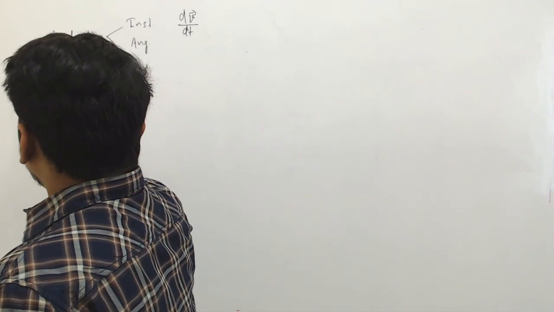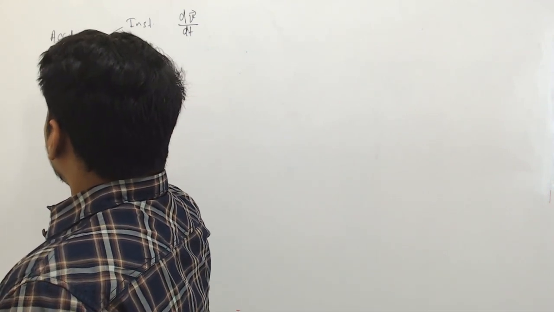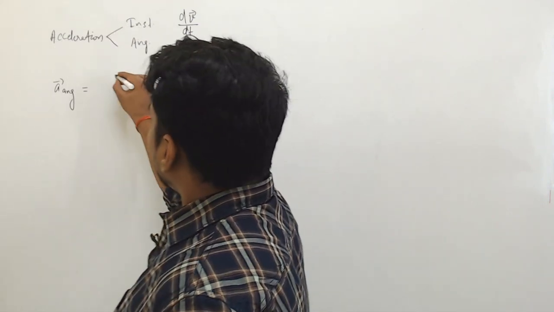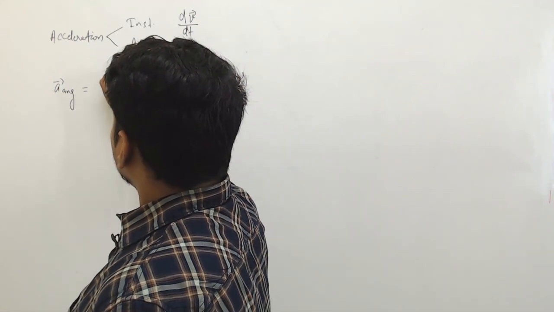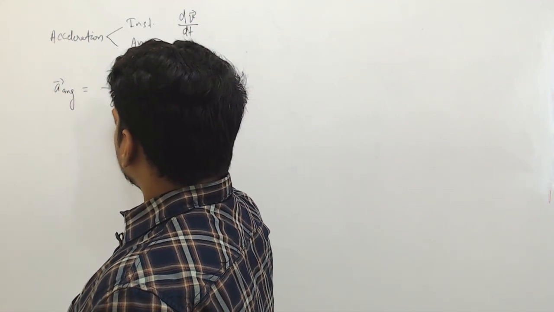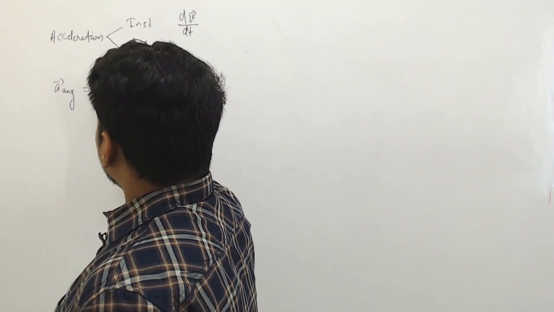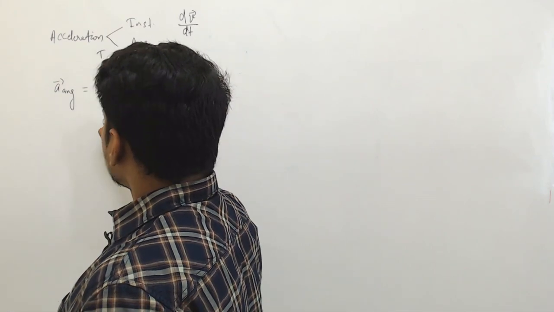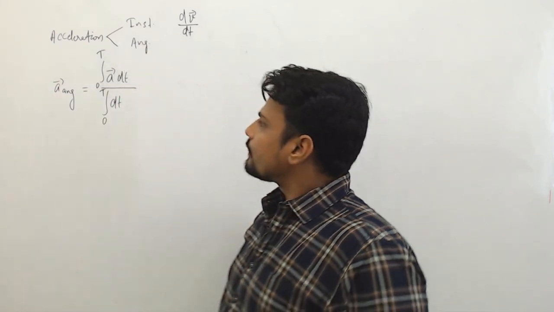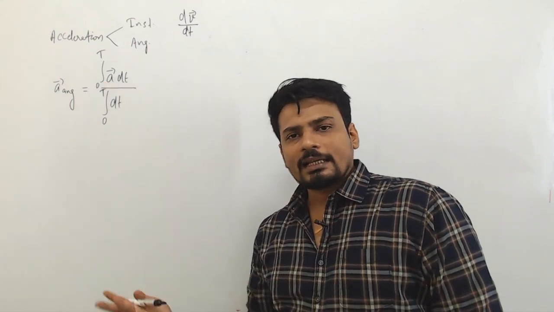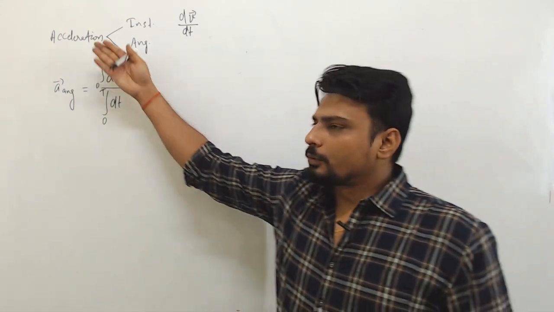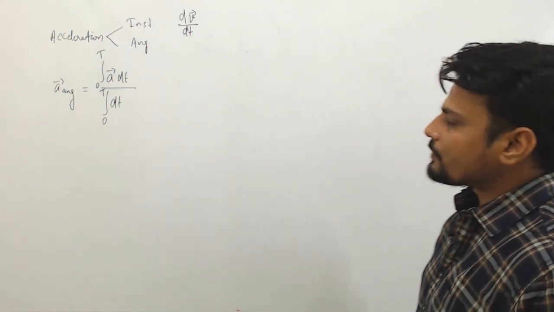So your A average should be given as the integral of A dt upon the integral of dt. You need to put the limits 0 to t. Not necessarily that it has to be from 0, I just kept it like that. It can be from t1 to t2, that's not a constraint over here.